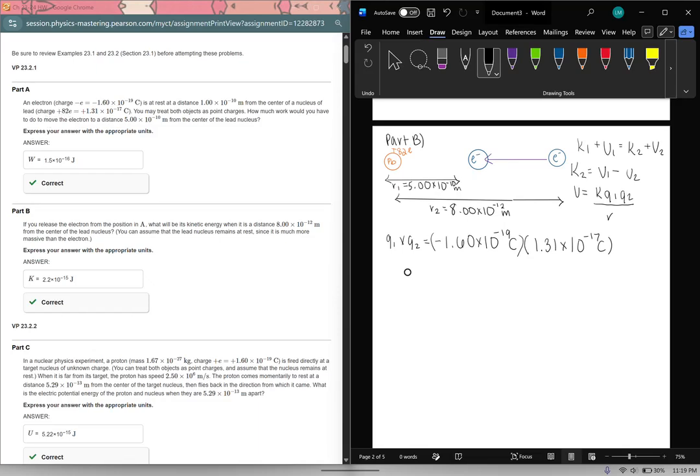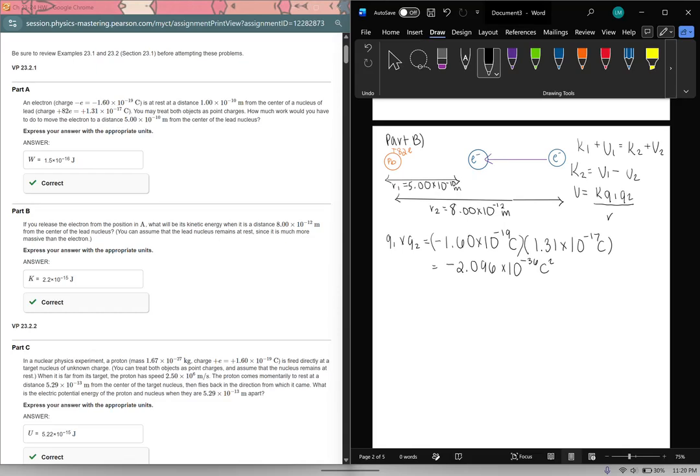And in my calculator that gives me negative 2.096 times 10 to the power of negative 36 coulombs squared. So now we're going to start with individually doing the potential energy. I'm doing a different method. I believe there are two methods for this equation.